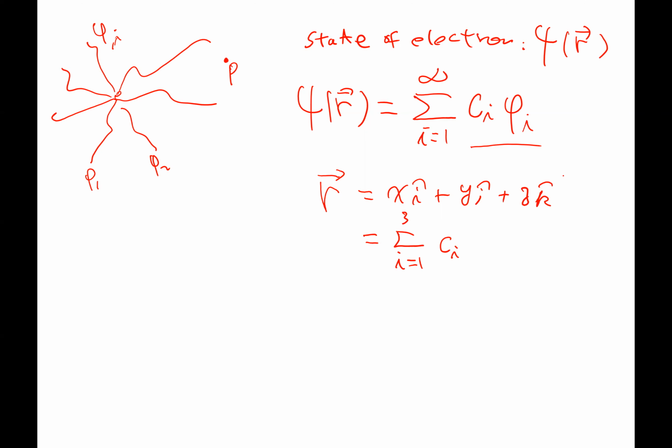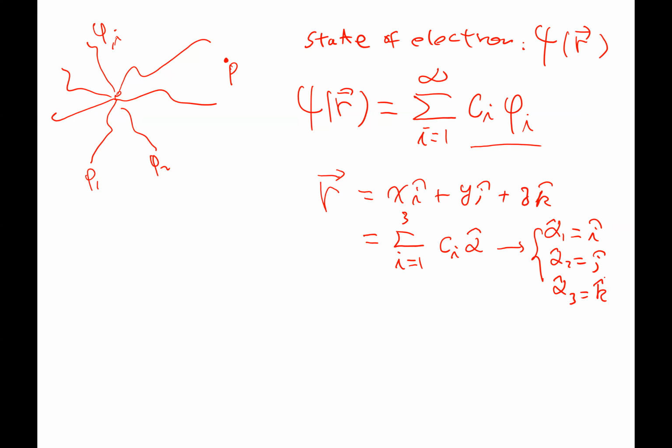So this i, j, k, we just call unit vectors, for example, we call them alpha, right? So alpha 1 is i, alpha 2 is j, and alpha 3 is k.